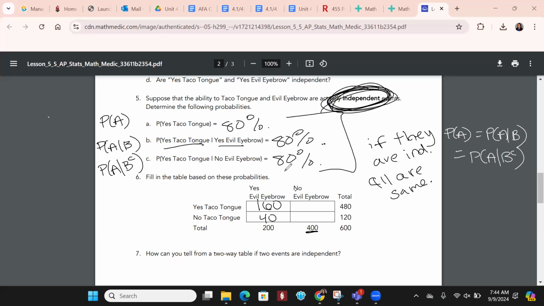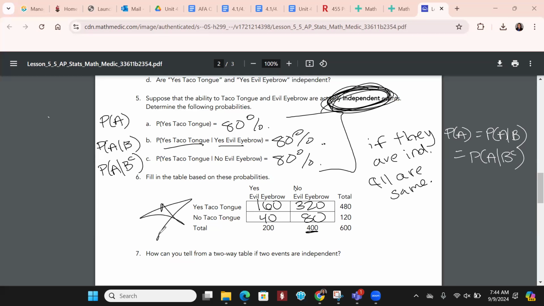Our percent is 80%, so 320 would go here for yes, taco tongue. And that would make 80 in this last row. So David, this is now their independence. These are the results that we should get. Does that make sense?